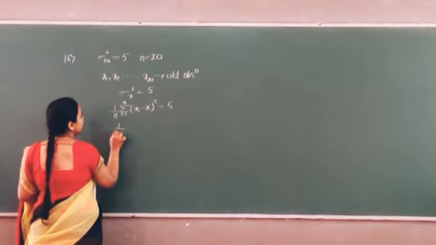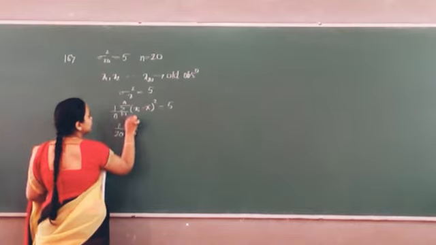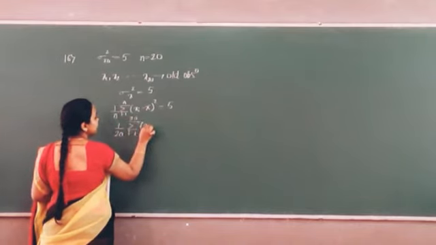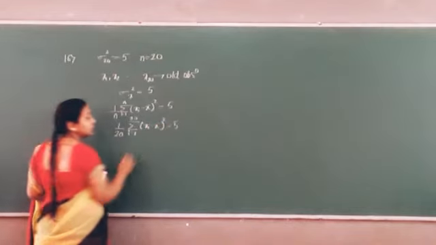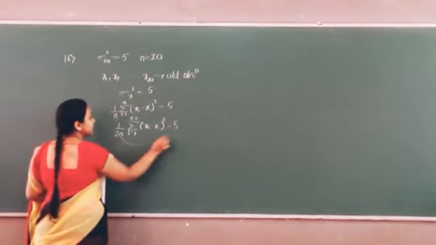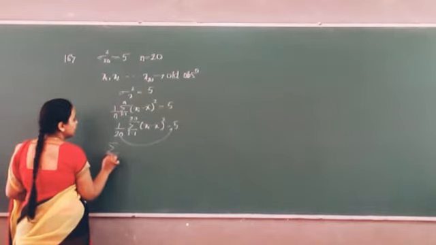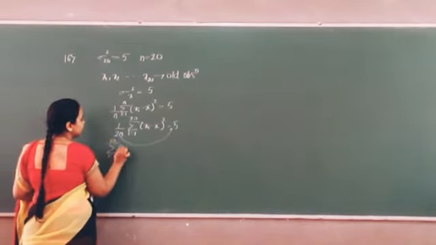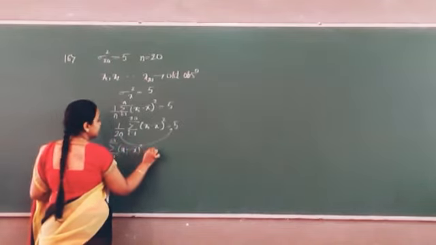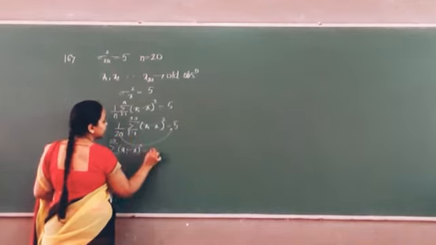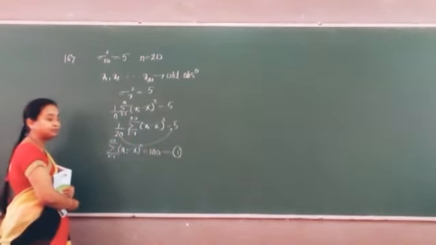It is 1 upon 20 summation where i goes from 1 to 20 of xi minus x bar whole square is equal to 5. Now we will multiply this on the other side. So what will you get? Summation where i goes from 1 to 20 of xi minus x bar whole square is equal to 5 into 20. It is 100. Name this as equation number 1.